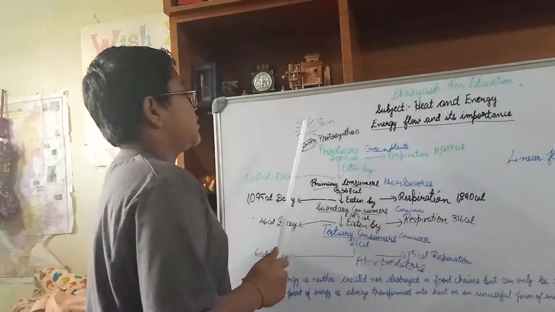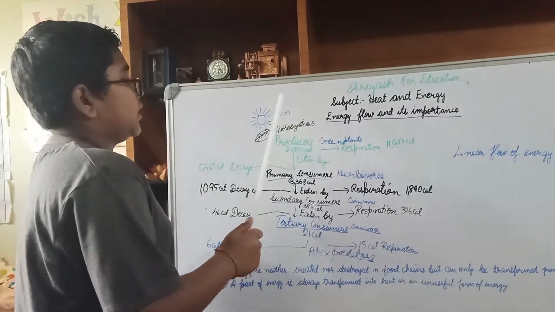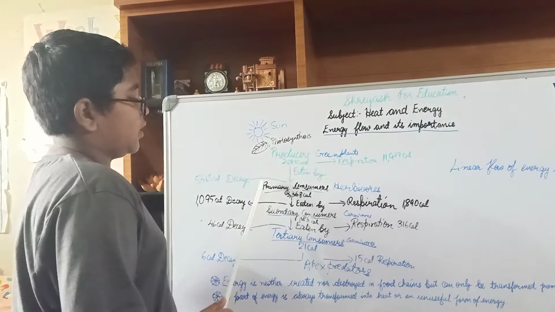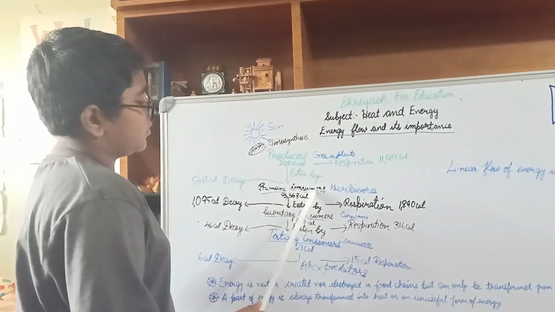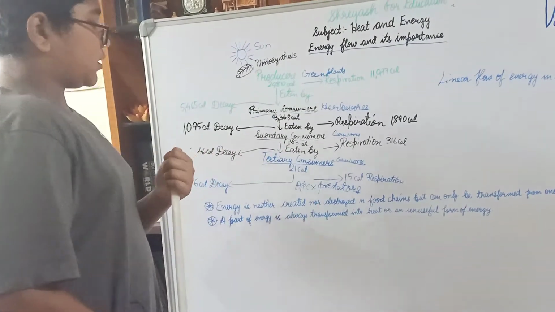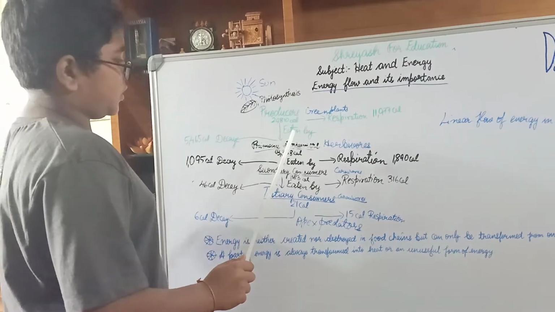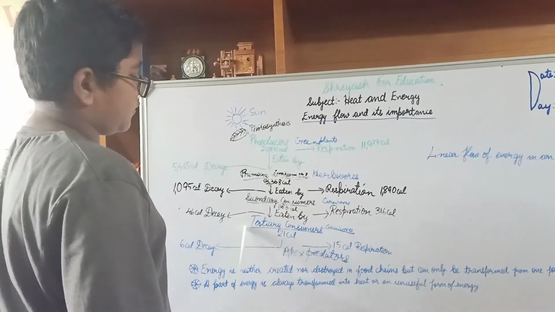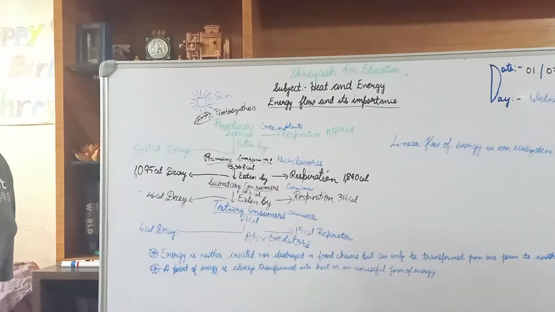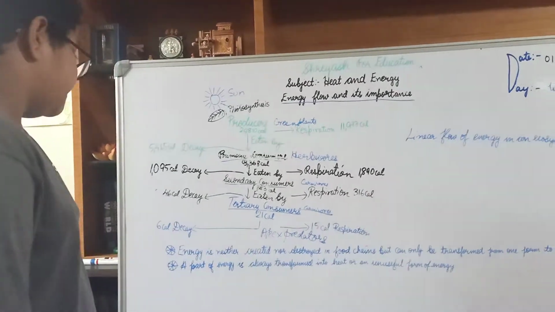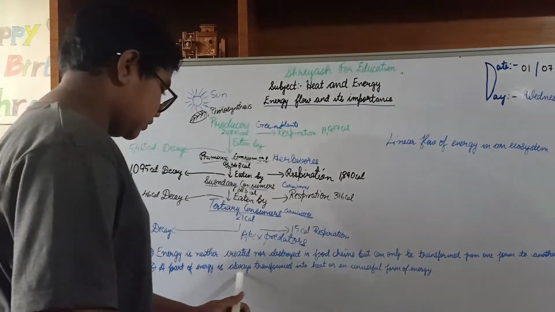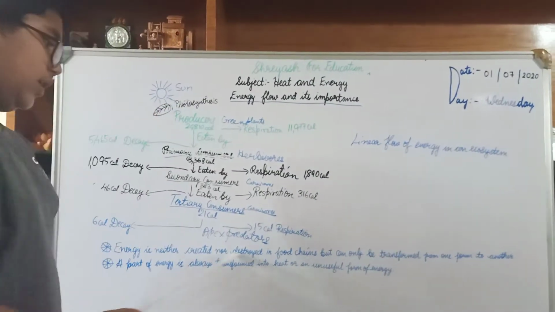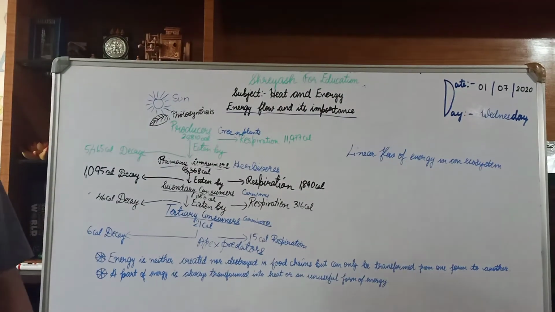Here the solar energy is transformed into chemical energy, and the chemical energy remains as chemical energy until the end of the food chain, in the form of calories. A part of energy is always transformed into heat or an unuseful form of energy.